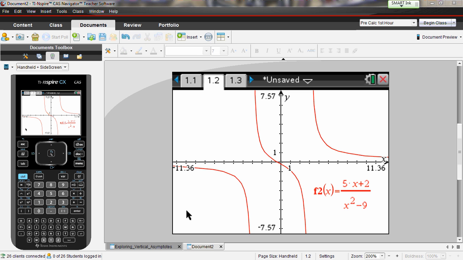Don't I just divide 5 over 1 again? How come we don't just divide the 5 over the 1 again to get 5? Jack? Because the numerator and the denominator aren't the same degree. Which one has a bigger degree? The denominator. Which one has a smaller degree? The numerator.